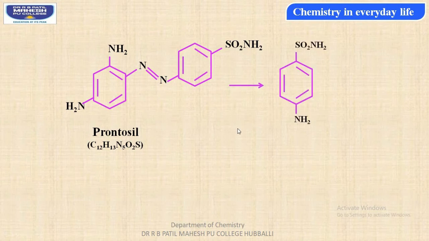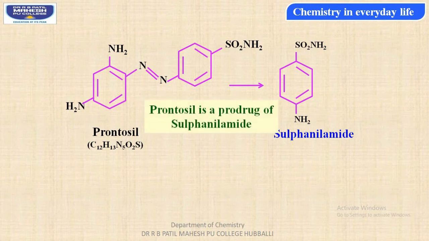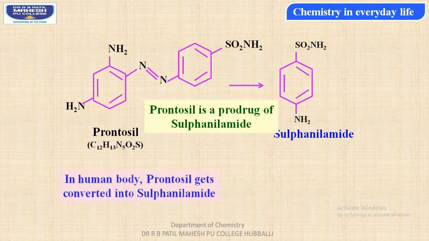Prontosil gives sulfanilamide. Thus, Prontosil is a prodrug for sulfanilamide. We can synthesize the sulfanilamide by using the Prontosil antibiotic. In the human body, students, Prontosil gets converted into sulfanilamide.